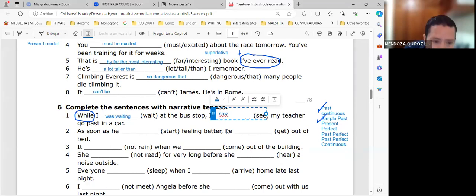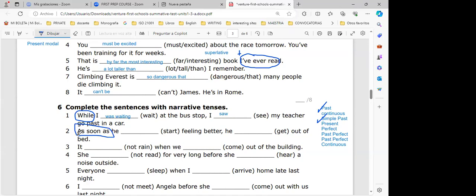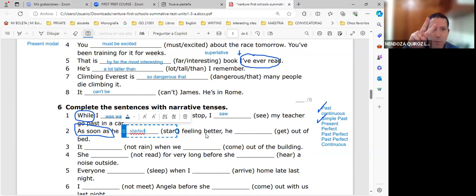Nice. Now me, number 2, as soon as he, I have this adverbial clause. As soon as he started feeling better, he got out of the bed. In this case, these two activities are in the past.